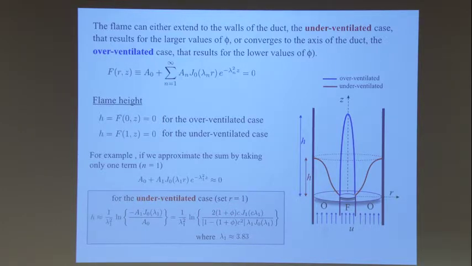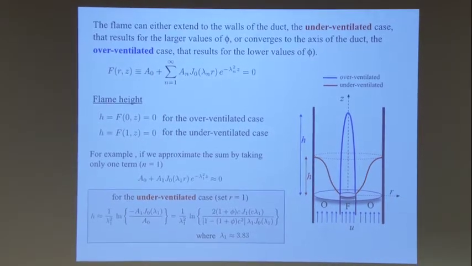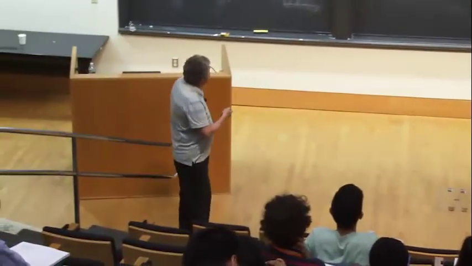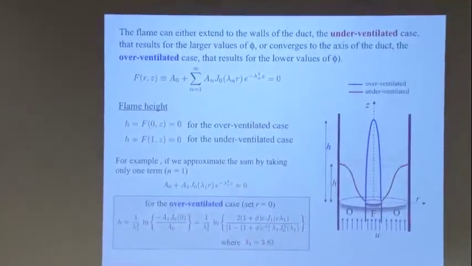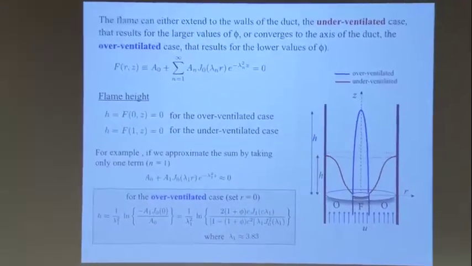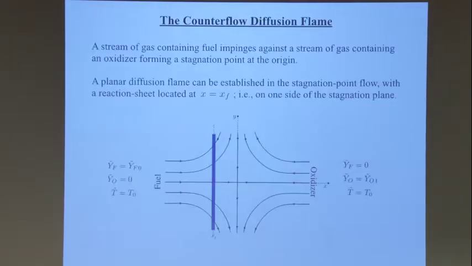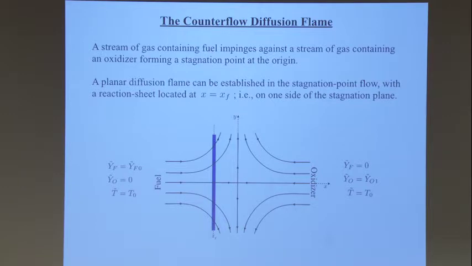If I have retained only one term in the sum, it's a rough approximation. You can retain a few more and get better. But this is what it looks like. And if you do the overventilated case, you get a slightly different form, but you can evaluate it and plot these functions. Okay, the next problem is the counterflow problem, another problem which is commonly used in the literature.